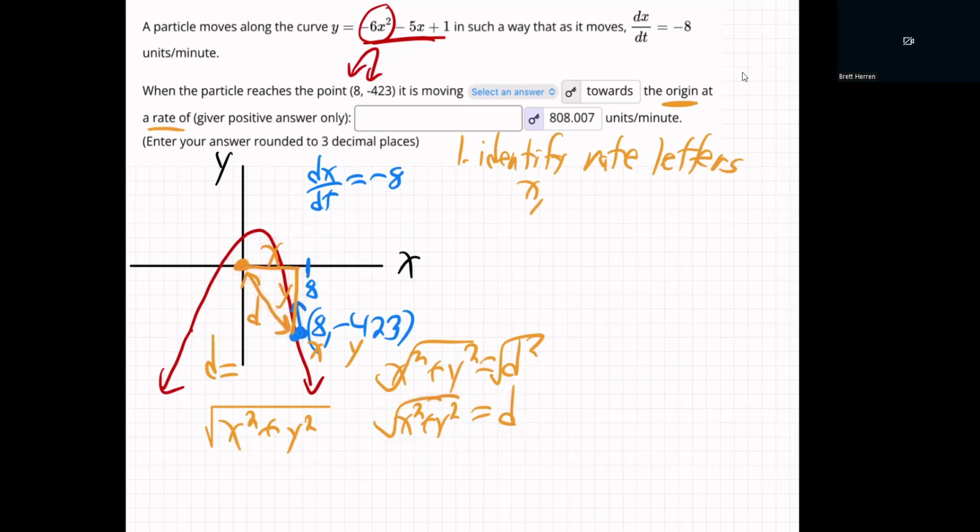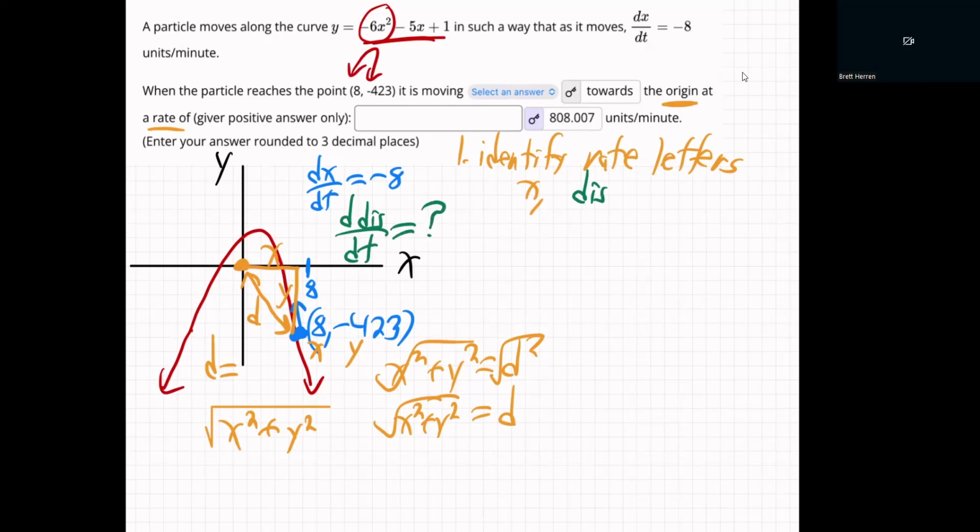So that's the other one they want me to find, distance. Those are the two rates, and I'll go d distance/dt.